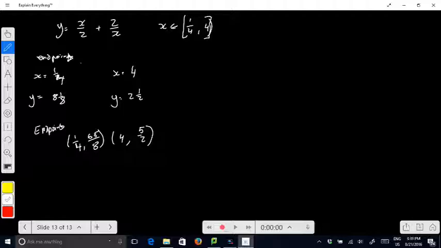So part B says obtain the coordinates of any stationary point and determine its nature. So stationary point is looking at the derivative. So if I find the derivative, I might just rearrange, just so the powers are a bit easier to work with.